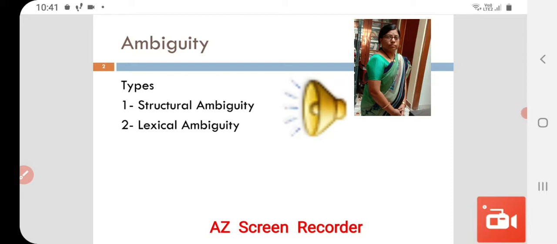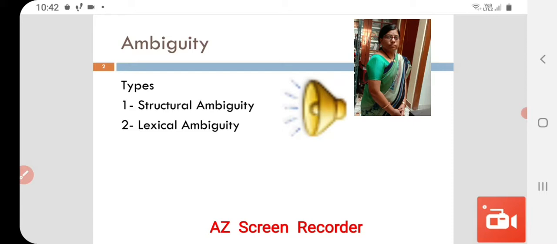One is bank as the financial institute where one goes to deposit or withdraw money, for loans, etc. And the other, bank of the river, Nadi Kinara. So here bank is a word that is ambiguous. It has more than one meaning.